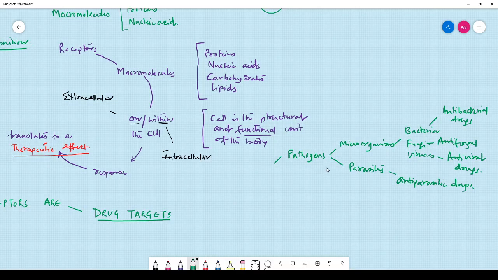Or they can even be present on insects, in which case we have insecticides. Okay. So the receptor needn't be present on the body, they can also be present on pathogens.